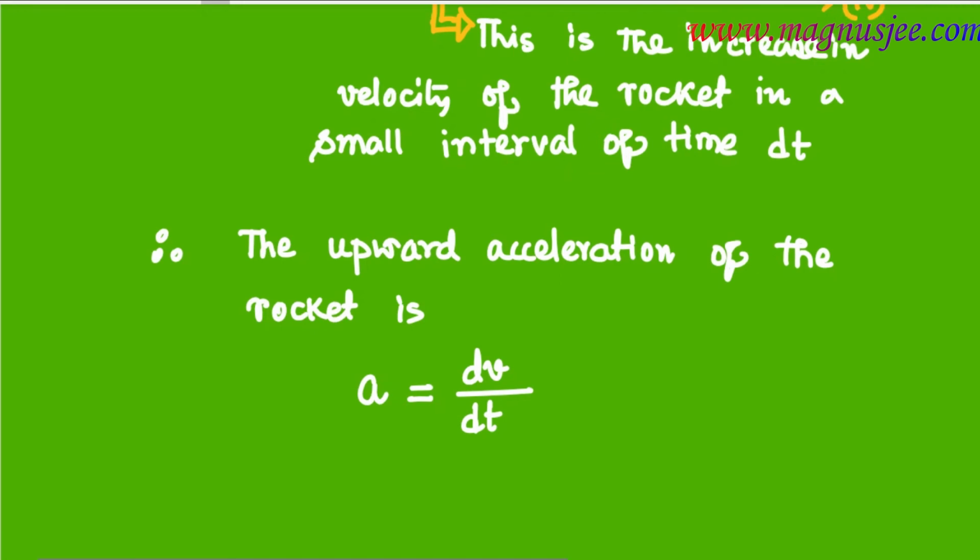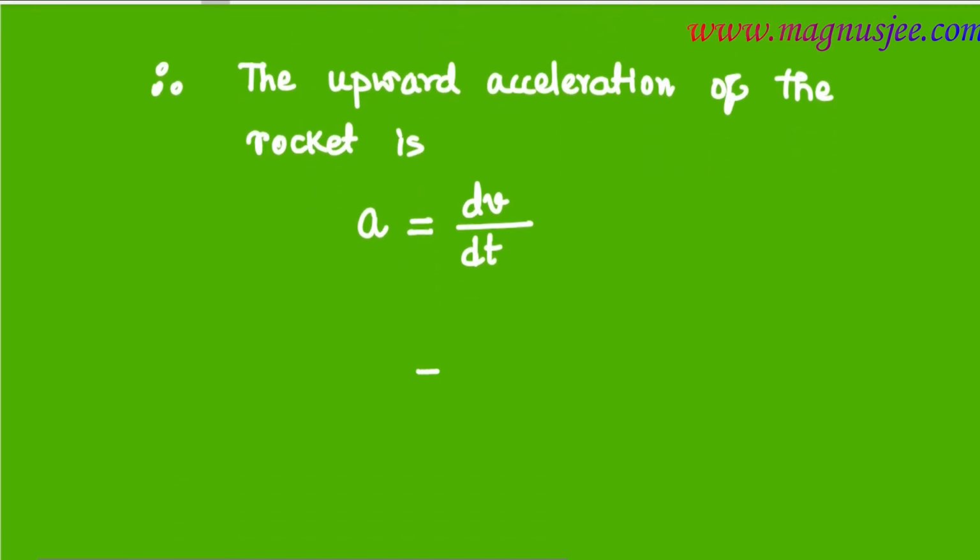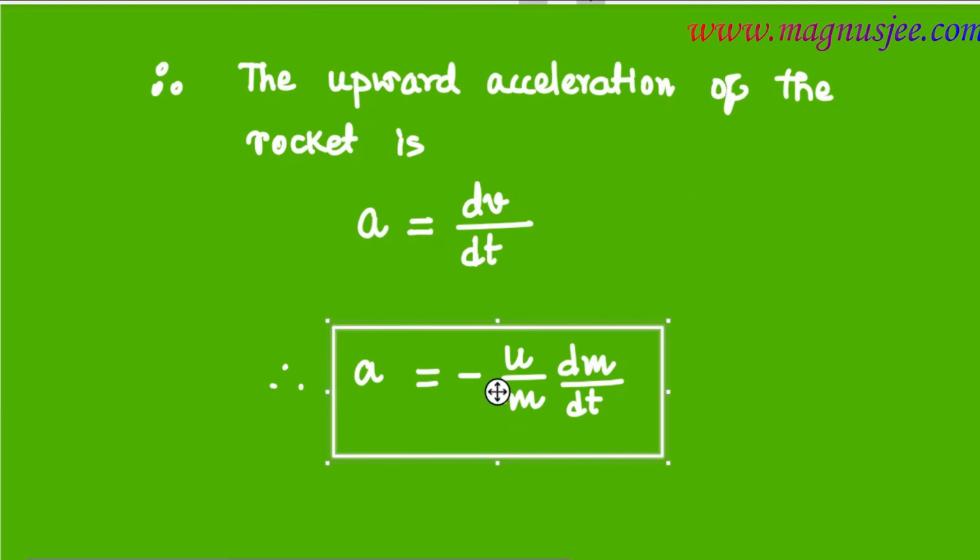Putting the expression of dv here, we get minus u by m into dm by dt. So a equal minus u by m dm by dt, where m is the final mass of the rocket and dm by dt is the rate of ejection of exhaust gases, or rate of decrease in mass of the rocket.